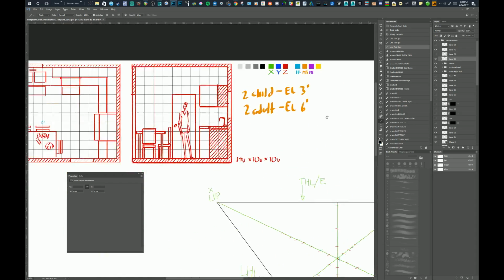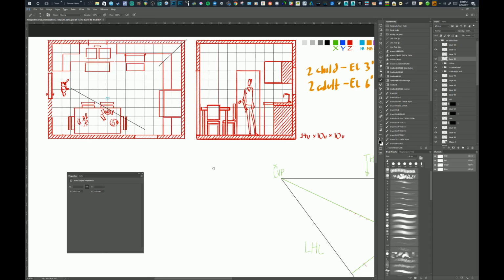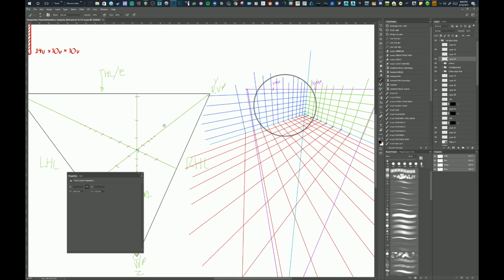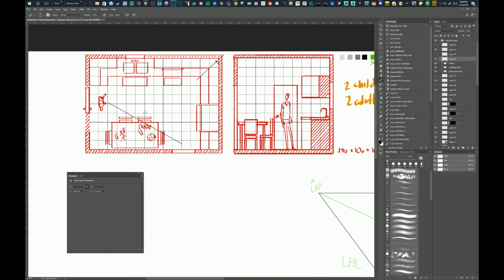So let's go ahead and look at this. I'm going to do this corner as the back corner, and then this is the left wall, and that's the right one. I guess if I did this, this would be the deeper wall, and this would be the more shallow, so we'd actually be looking more at the refrigerator. Let me think. What do I want to do? Yeah, we already got this.